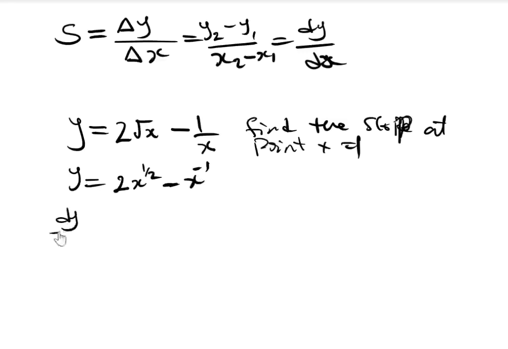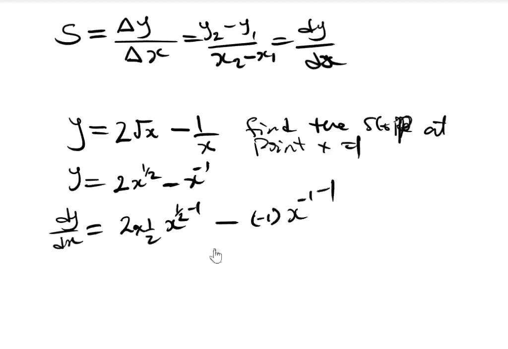And dy/dx is equal to, if I differentiate this, I'll be having 2 multiplied by half x power half minus 1, minus minus 1 x power minus 1 minus 1, and this is equal to 2 divided by 2 x power minus half plus x power minus 2.